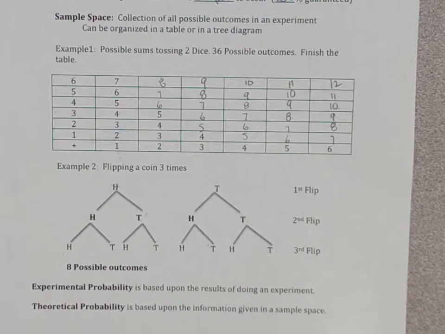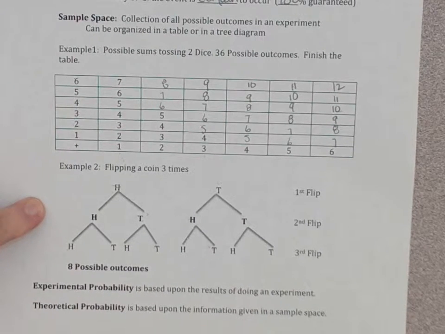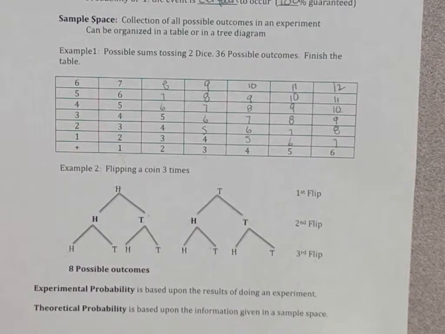There's 2 different types of probability. There's experimental probability, which is based on the results of doing an experiment. So we could flip 3 coins 100 times and see how many of those we got a given outcome out of the total of 100 flips. Or we could do the theoretical.